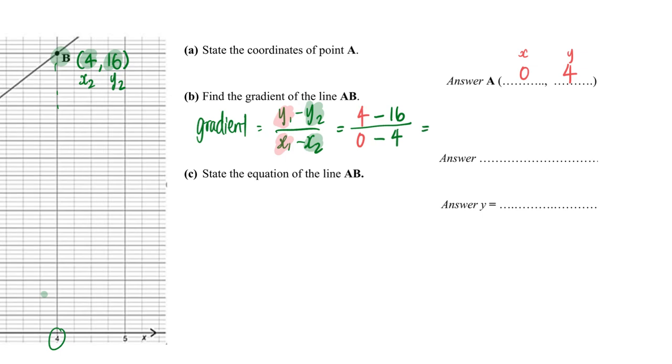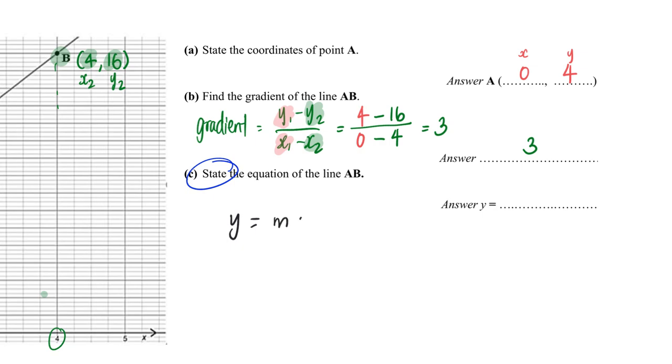And you will be able to get the answer as 3. And now for the last part, state the equation of the line AB. Do notice they actually use the word state and not find, meaning that if we know the answer for part A and part B, we will be able to write the last part down easily.